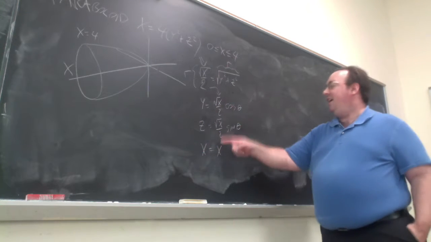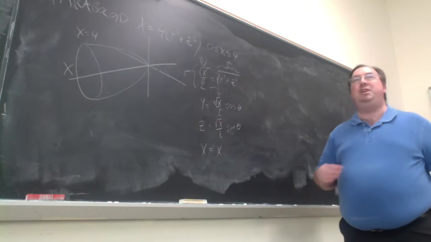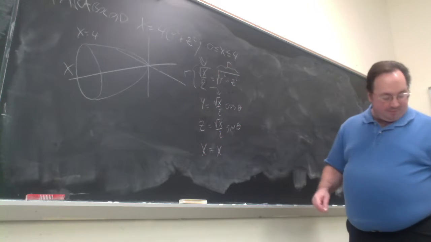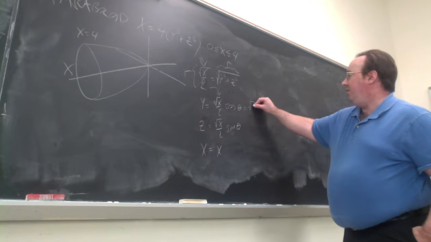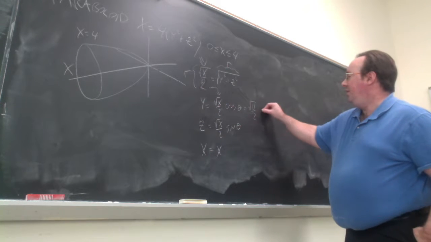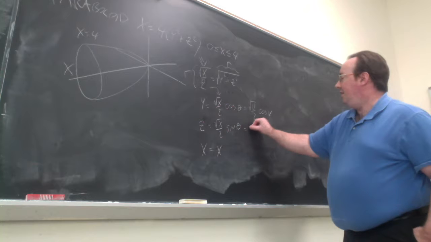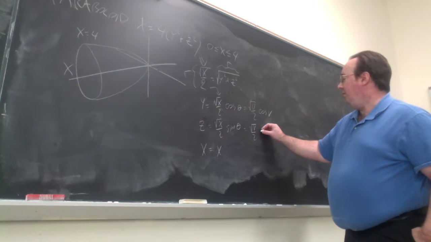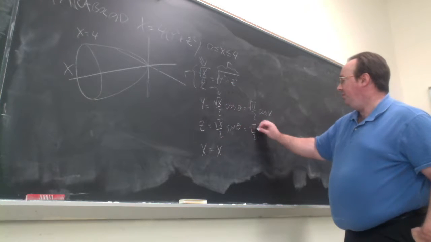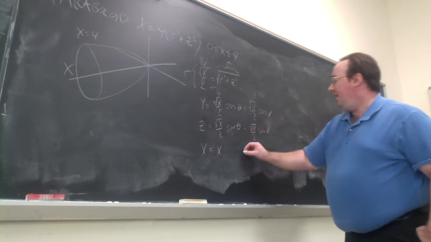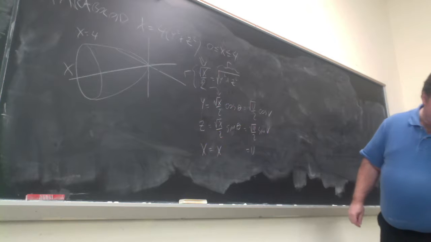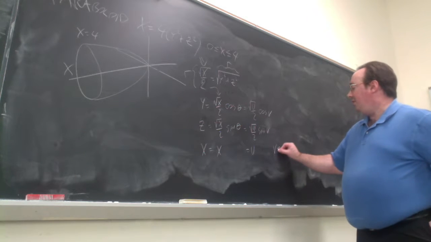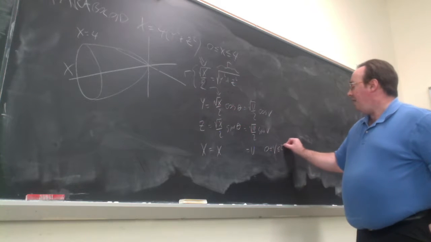So in this case, you can think of x and theta as being your two parameters. Or another way to think about it, I could say this is u over 2 cosine v, and u over 2 sine v, and then x is equal to u. And then v goes from 0 to 2 pi.